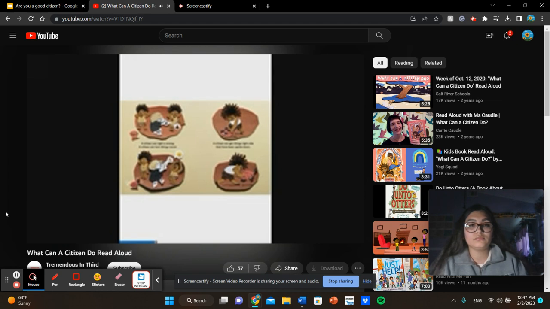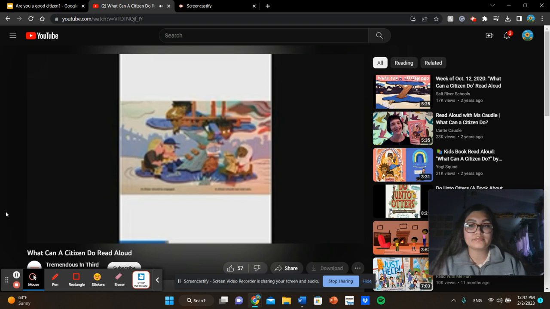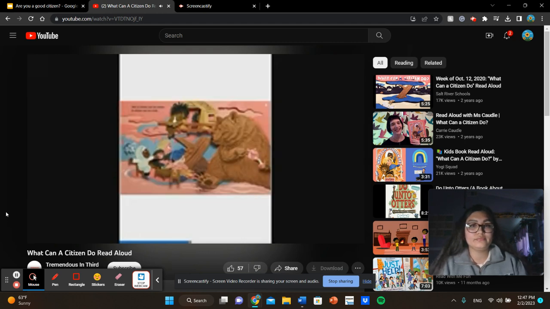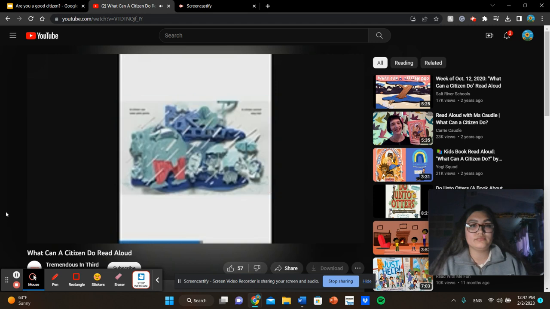A citizen can turn things around. A citizen can get things right side up that have been upside down. A citizen should be engaged. A citizen should care and care. A citizen should build things, save things. A citizen can be a bear. Yes, a citizen can be a bear. A citizen can be a kid. A citizen can wear pink pants. A citizen cannot stay hid.